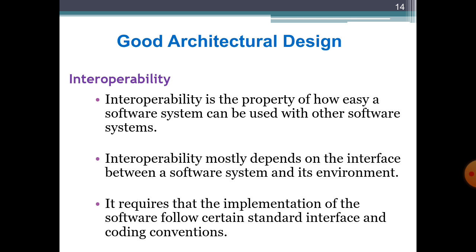For example, students, the interoperation of a word processor with an image processing system requires that the result of one software system, for example image processing of a photo, can be used so that a document can contain both text and image content. So it's all about interoperability, where we see how a software system can be used with another system.